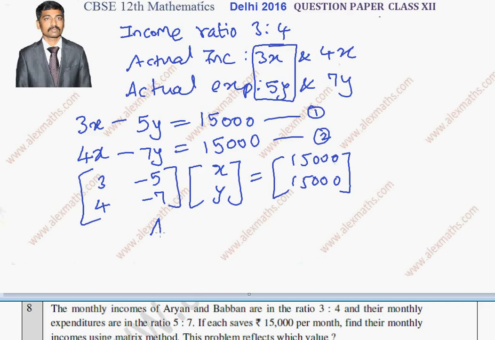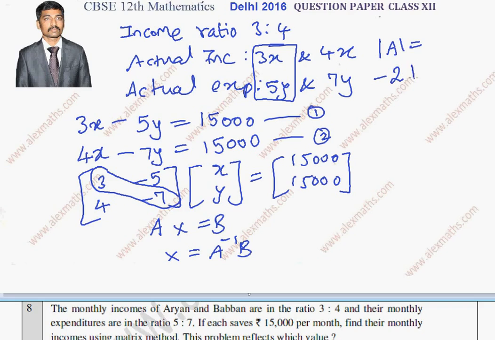So now this is of the form AX equal to B. It means X is equal to A inverse into B. So if I find A inverse, I can multiply with the B. For finding A inverse, we have a shortcut method, that is first to find the determinant A, that is nothing but minus 21 plus 20.